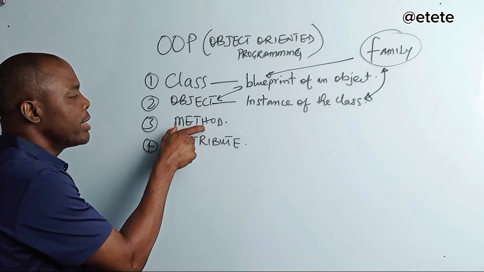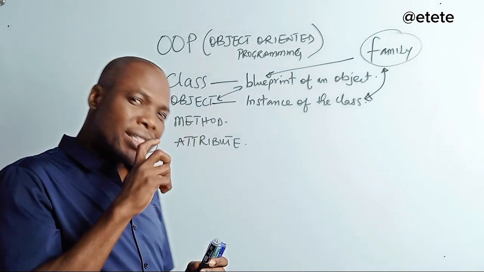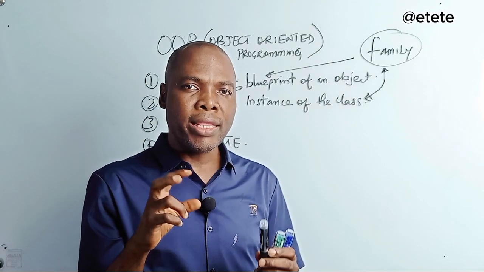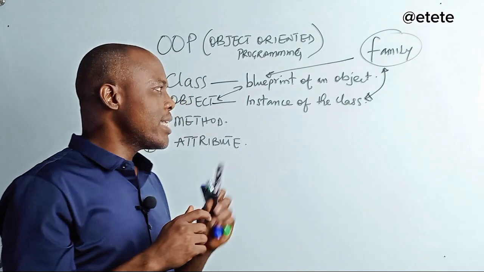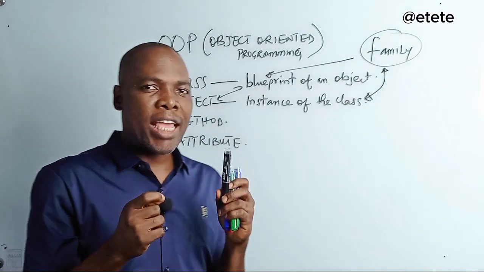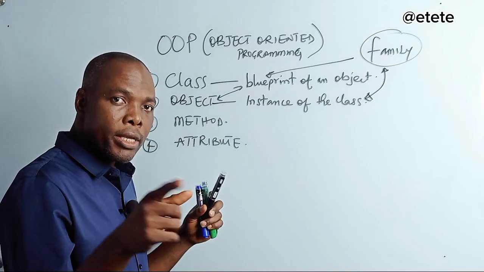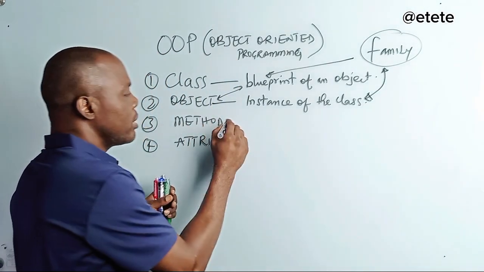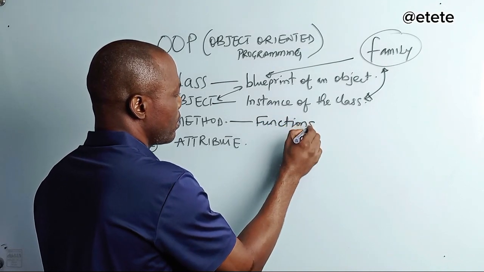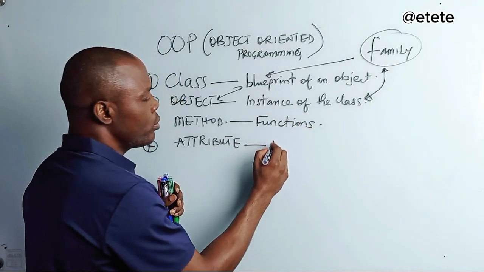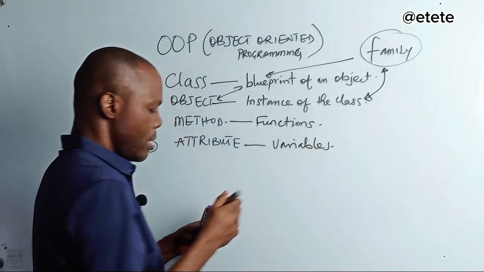Now, what is a method? If I want to do an analogy of this method, in procedural programming, a method is what you call a function, while this attribute is what you refer to as a variable.